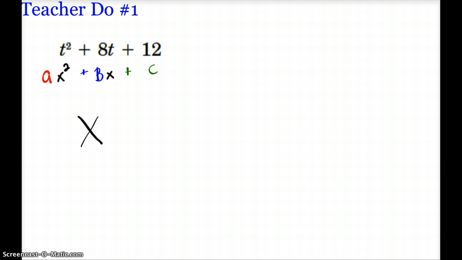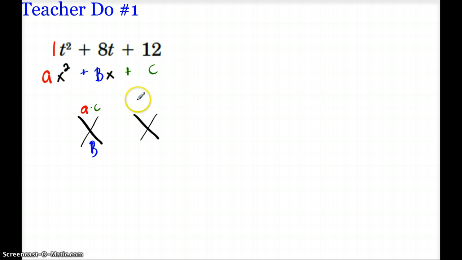Okay, now we call this the Xbox method because we have an x, and I'll go to the box next. Now in the x term I'm going to have a times c at the top and b on the bottom. Okay, so I'm just going to fill in my numbers. Here I'll have a times c, and a times c is, in this case, 1 times 12.